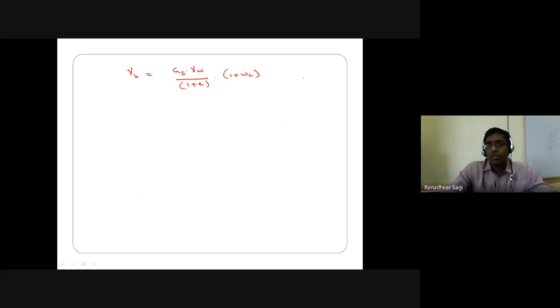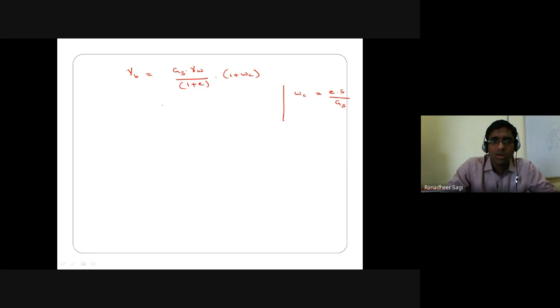Where we know that water content I can write as E into S by GS. I am just trying to rewrite water content in terms of void ratio, degree of saturation, and specific gravity of soil solids.